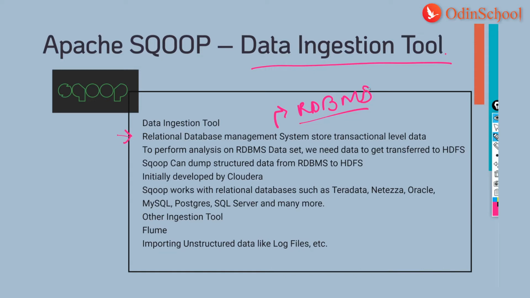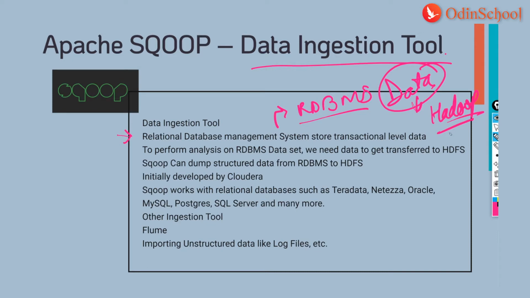Now, RDBMS has the data, but we have seen in our basic modules how Hadoop is solving this RDBMS big data problem. RDBMS can store a humongous amount of data, but processing is very tough for RDBMS, and that is the reason Hadoop is in the picture to solve this big data problem.